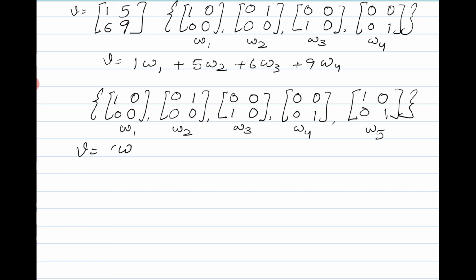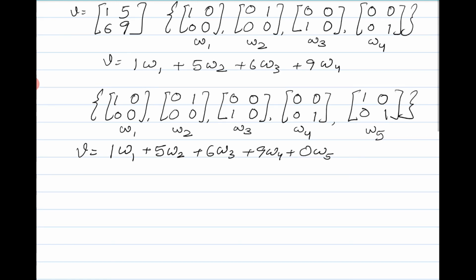You can express this as probably 2 times W1 plus 5 times W2 plus... one simplest way rather is 1 times W1, 5 times W2, 6 times W3, 9 times W4 plus 0 times W5.